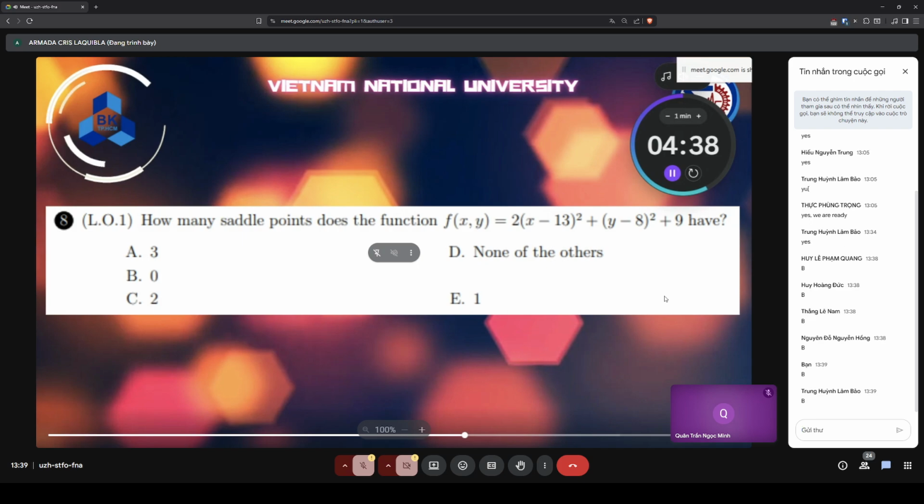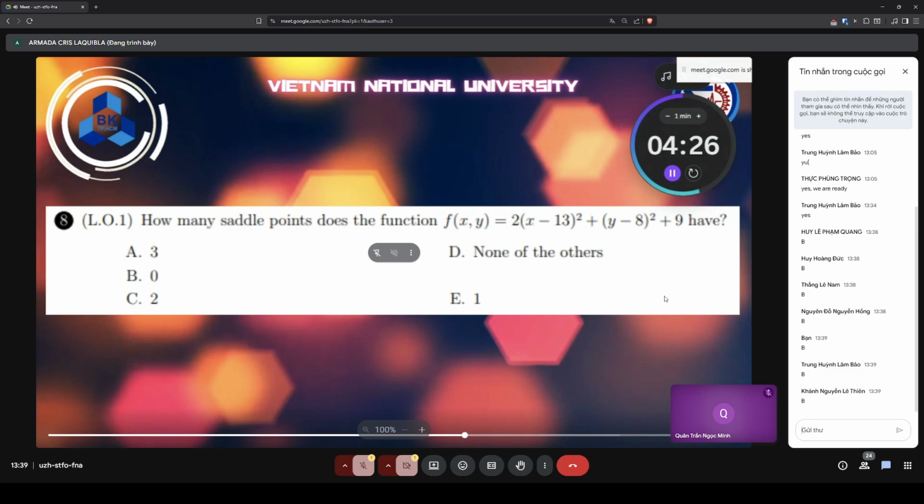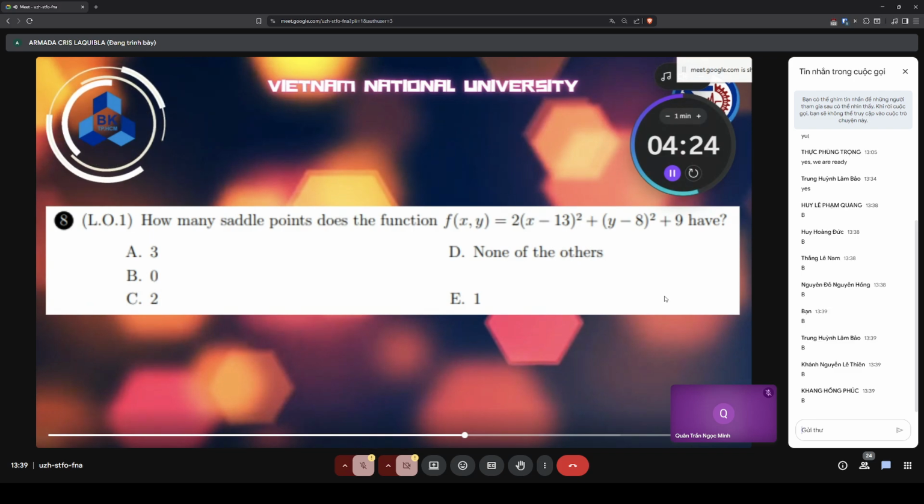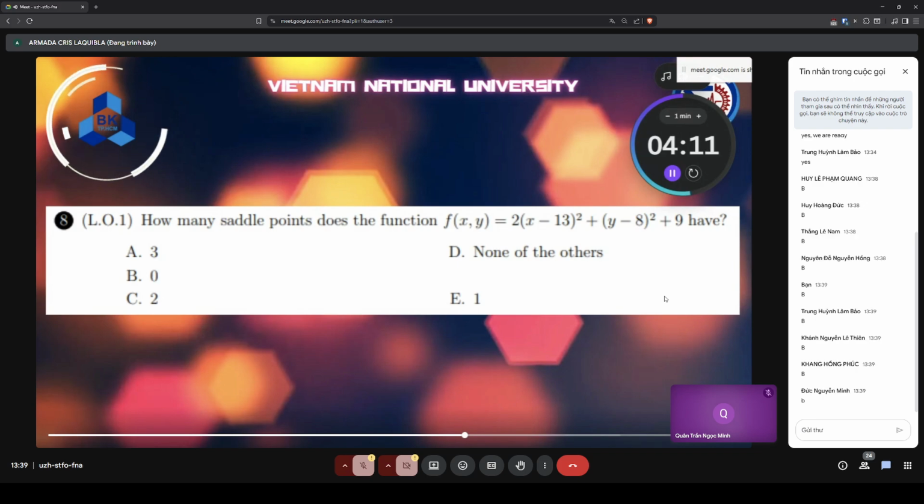If your d, for example, is positive already, no need for you to get the critical points anymore, because for the saddle points, your D there is always negative. If you're done answering, you can write your letters there in the chat box, please.